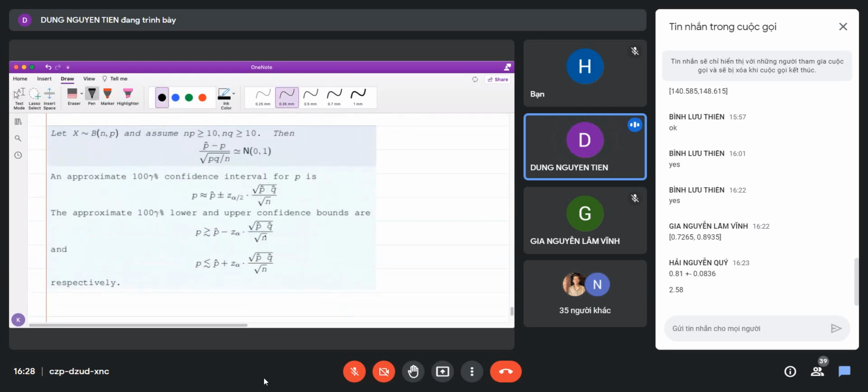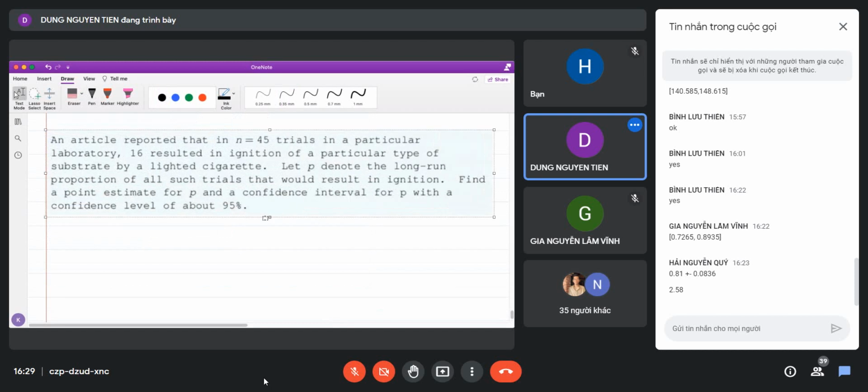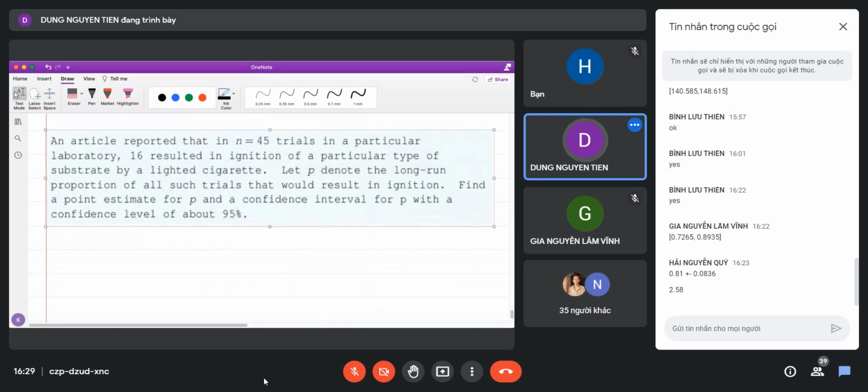All right. You can also get a one-sided confidence interval for the mean, for the proportion. Okay. Let's consider the following example. What do you get?